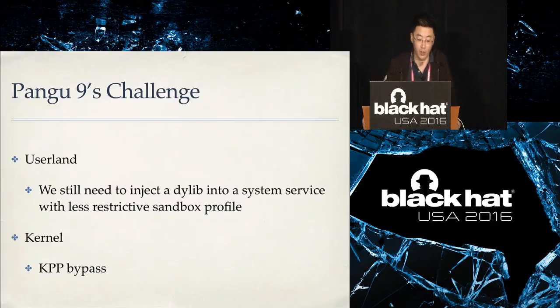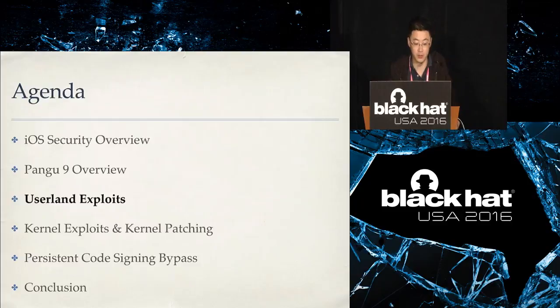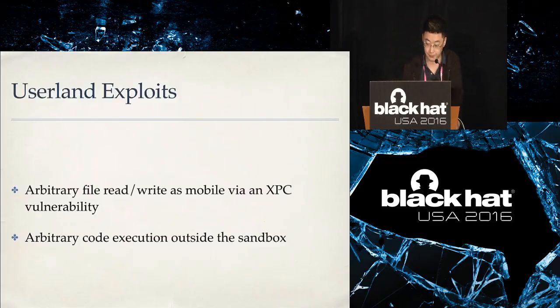So we need to bypass that. Now let's go through the userland part. In this part, I will introduce two vulnerabilities. One leads to arbitrary file read and write as mobile through a kind of inter-process communication channel. And the second one is arbitrary code execution after the sandbox.